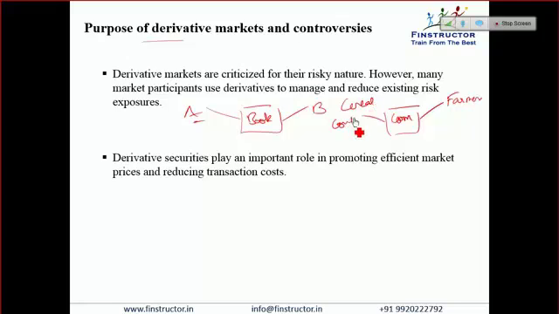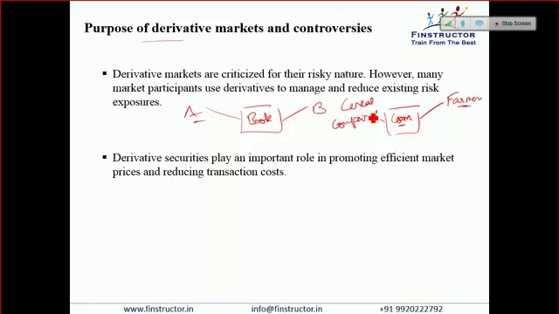So the cereal company manufactures cornflakes, so it needs to buy corn. A farmer produces corn and he needs to sell corn once the corn has been produced. Independently speaking, does the farmer have a risk that he produces the corn and the price of the corn goes down?